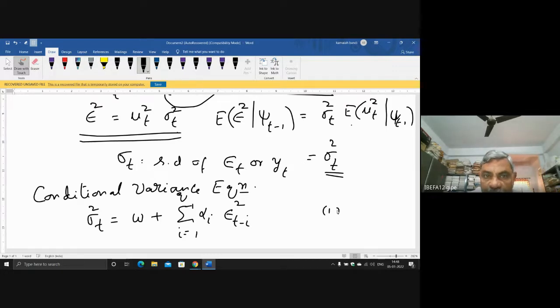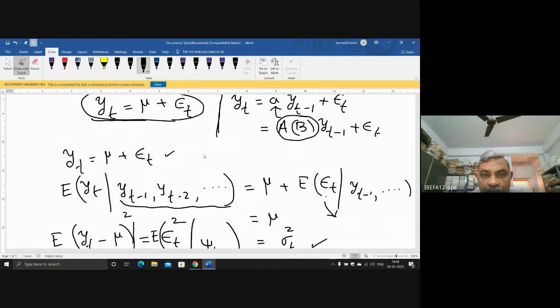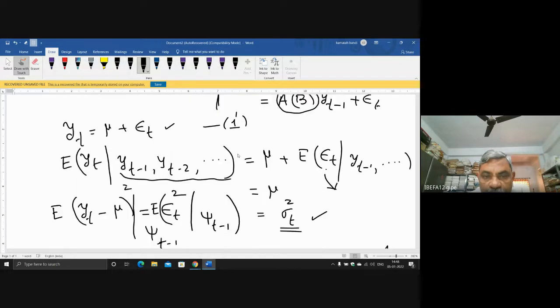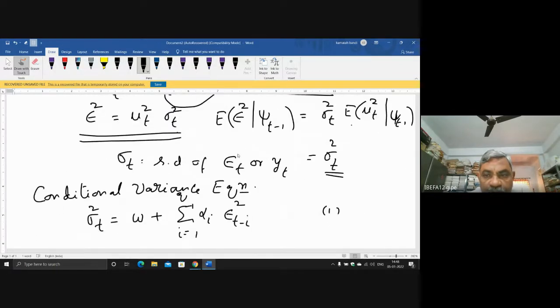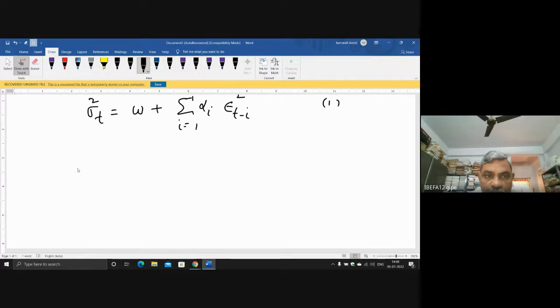And the previous equation, the mean equation, you may call it 1 prime. The conditional variance equation is 1. And the conditional variance equation may also be written in compact form like this: sigma square t equals omega plus alpha(B) epsilon t minus 1 square. This alpha(B) is nothing but a polynomial in B, and B is the backshift operator.